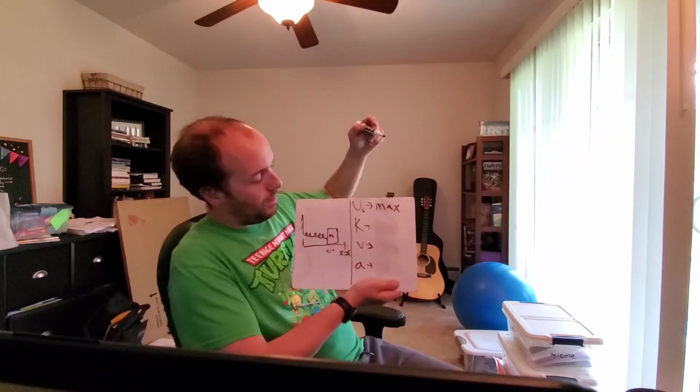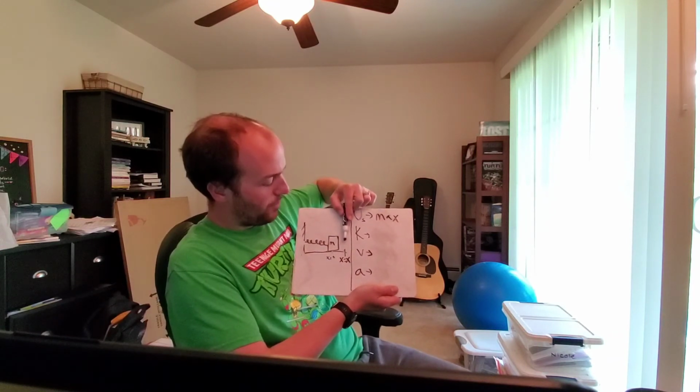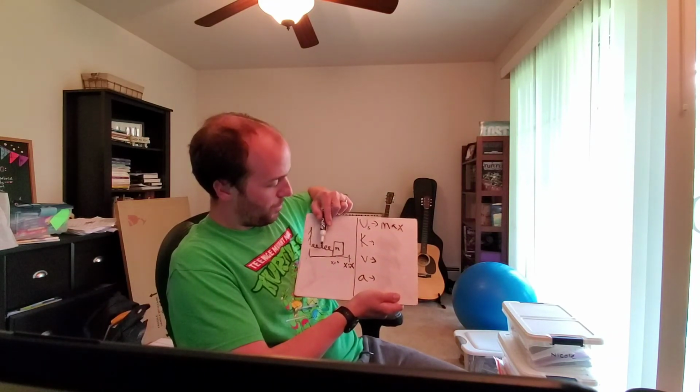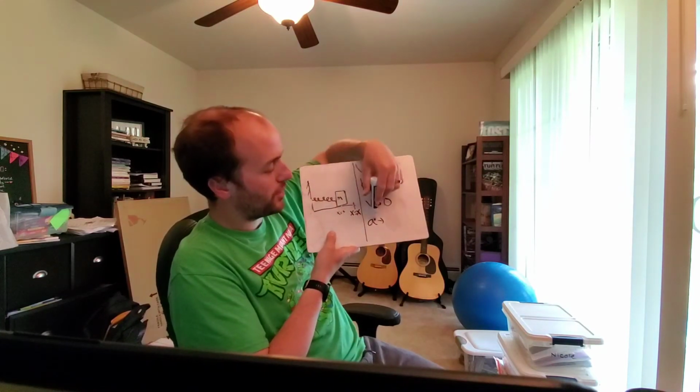So your elastic potential energy is a maximum. Just like a pendulum, when it's at its end, it's stopping for an instant and turning around. Same thing over here, so your speed and kinetic energy are both 0, and your acceleration will be a maximum.